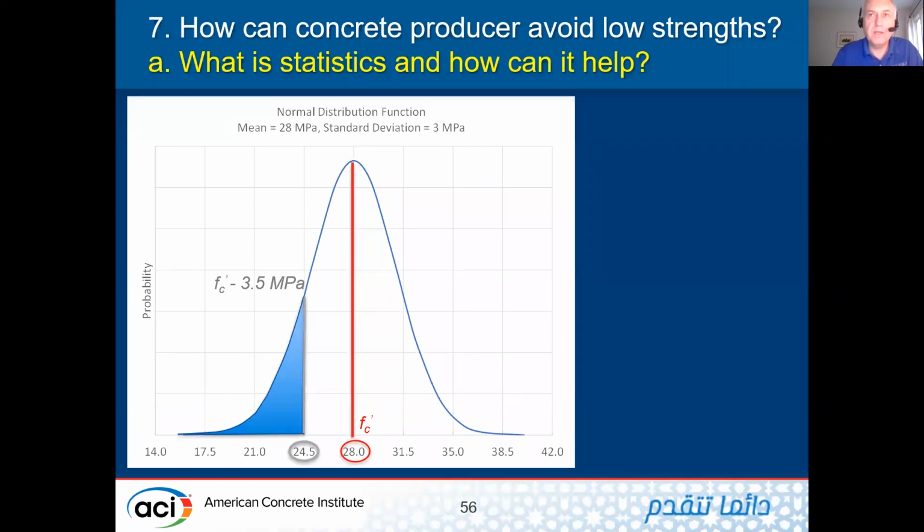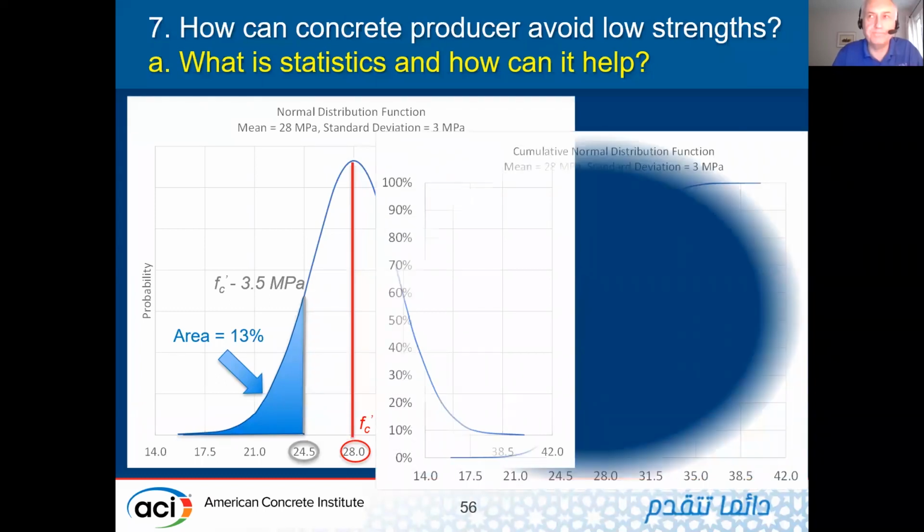So then we have that area on the left of 24.5 representing percentage of tests that can be expected to fail that acceptance requirement, which means that in this particular case, 13% of the tests would be less than 24.5. So the question is, is it acceptable? And probably many of you would say, hey, 30% is a fairly high number. I don't want 30% of my tests to fail and then have problem down the road.